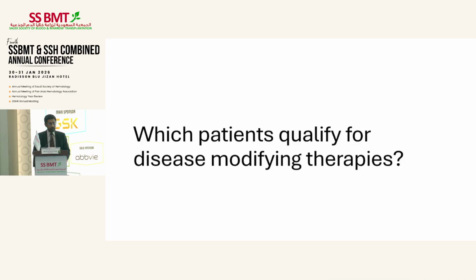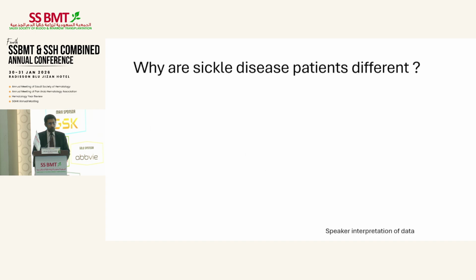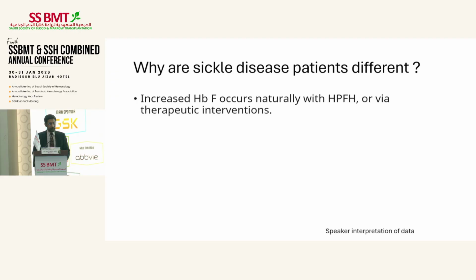So which patients qualify for modifying therapies like the gene therapy that we discussed? So why are sickle patients different? Hemoglobin F level is something that affects the severity of the disease. Alpha thalassemia traits, again, modulate sickle cell anemia.